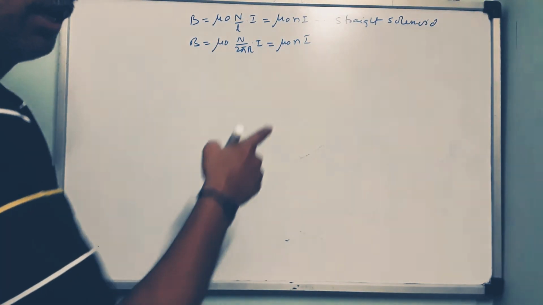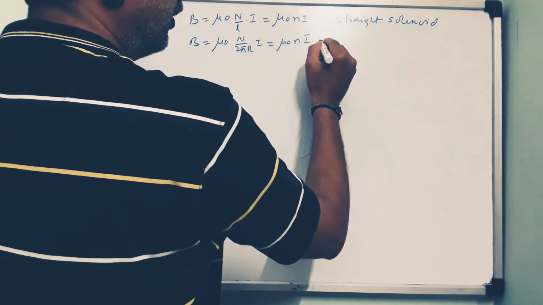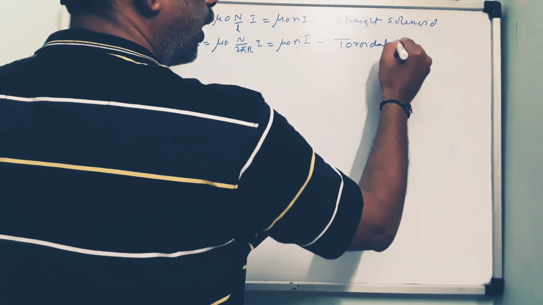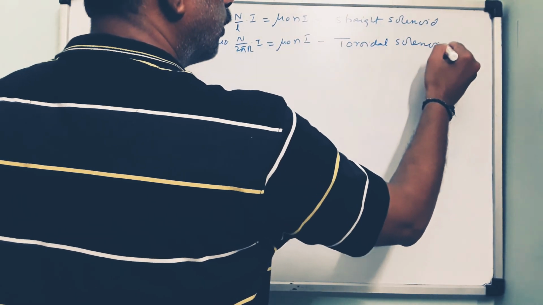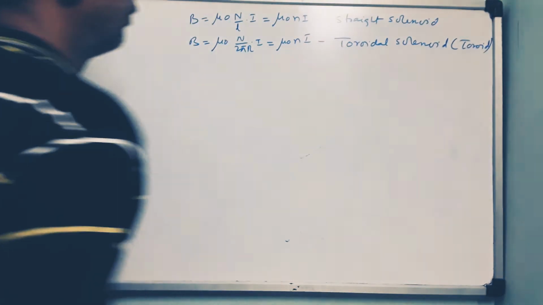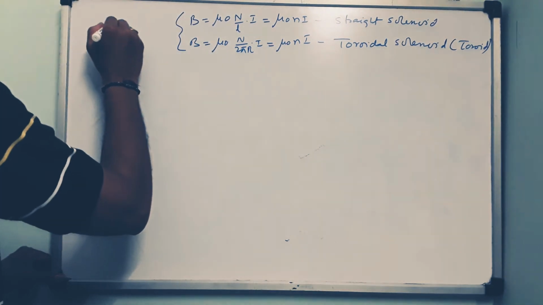But you should be careful whether it is a toroid or a solenoid. Accordingly, small n is to be changed. This is called a toroidal solenoid, or simply you can call it a toroid. So both of them will produce a uniform magnetic field.